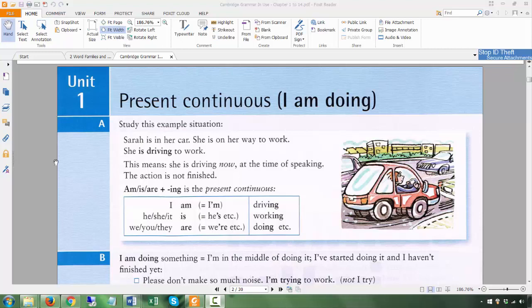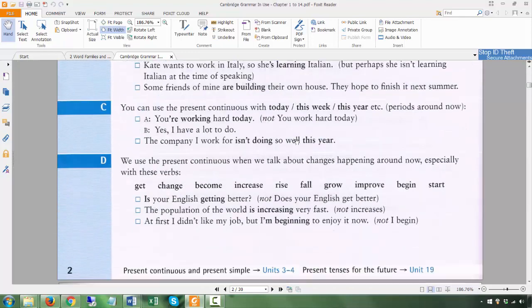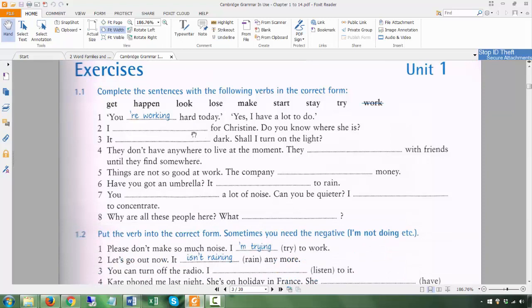Let's start our answers for Unit 1 for the present continuous tense.